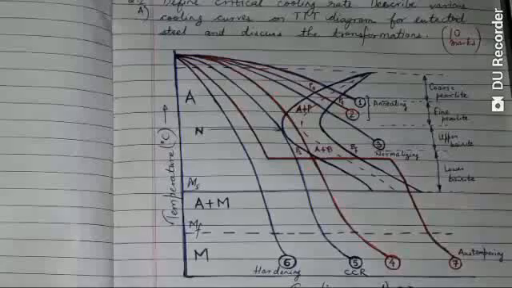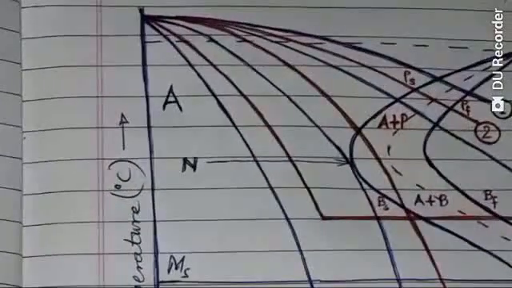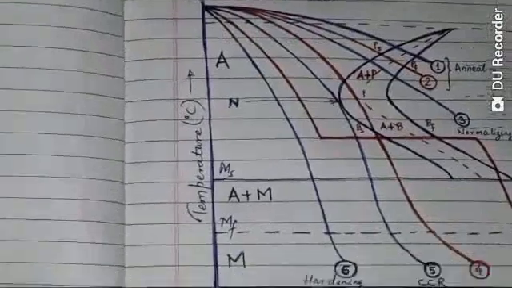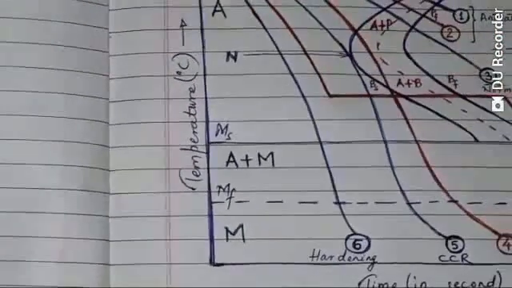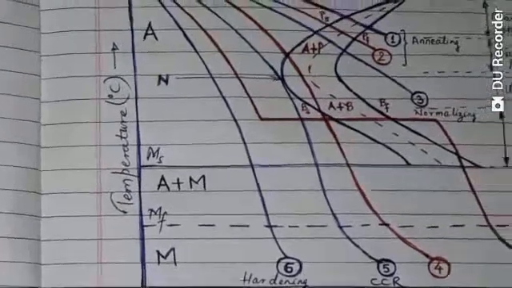And as you can see over here, we have capital A, which is austenite, and here that is martensite, and in between you can see A plus M, that is austenite plus martensite. Here you can see MF, and here you can see MS.